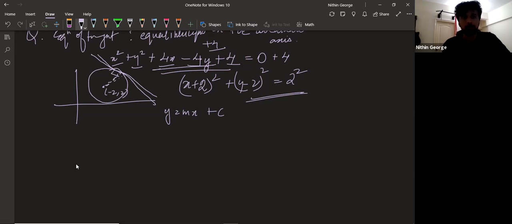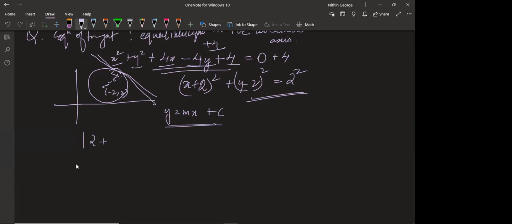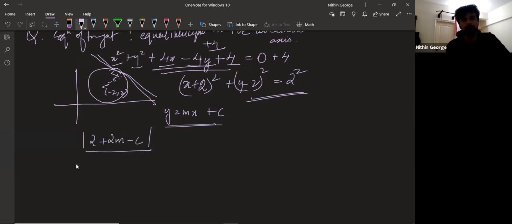So from minus 2 comma 2 to the line y equal to mx plus c, what is the distance? It's given as 2 minus m x, which becomes plus 2m minus c, divided by root of m square plus 1, is equal to 2. Now I can write this as 2 minus c plus 2m equal to 2 root m square plus 1.